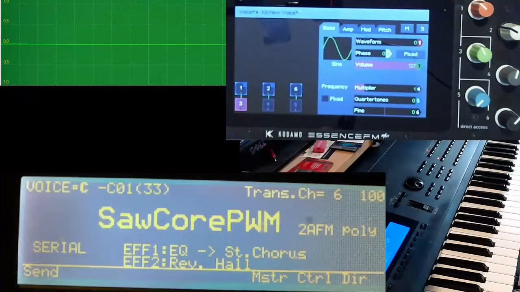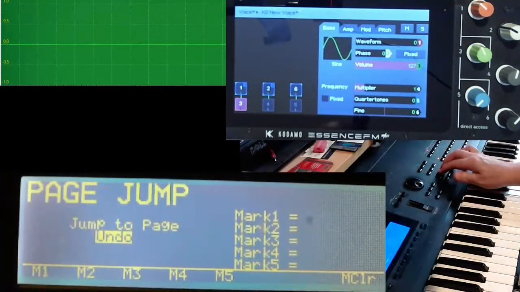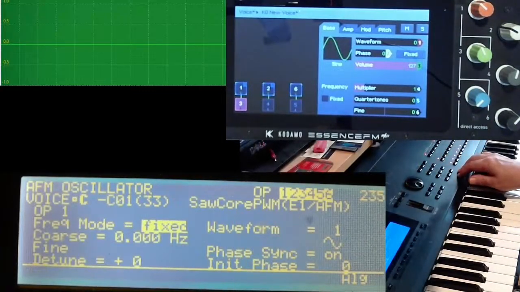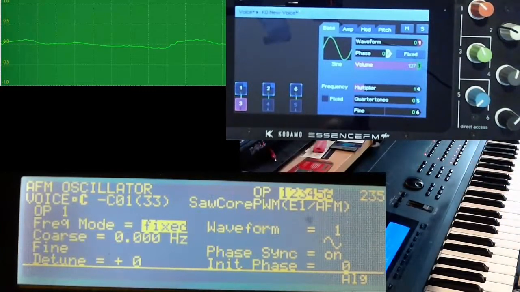And if things go well, I will come around to the Essence FM just because the interface is a lot cooler to look at than these pages on the SY99.